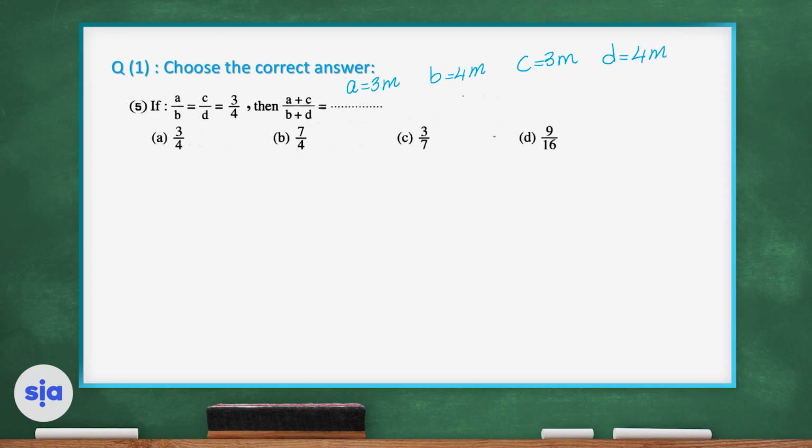Then A plus C will be 3m plus 3m over B plus D, which is 4m plus 4m.